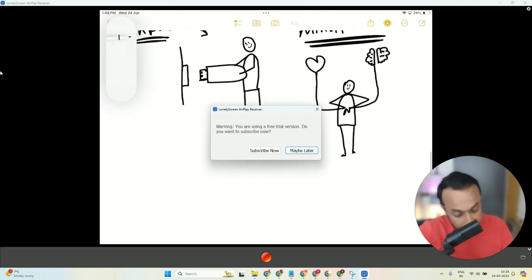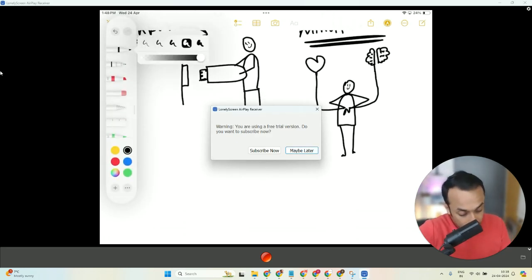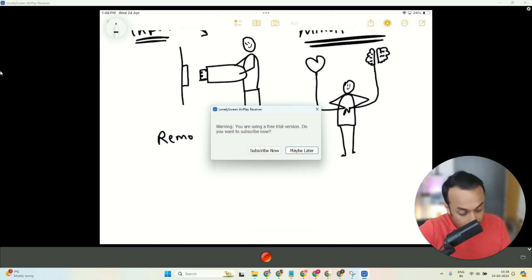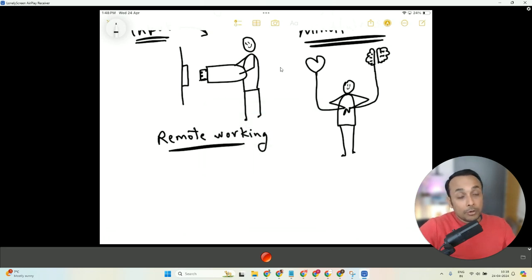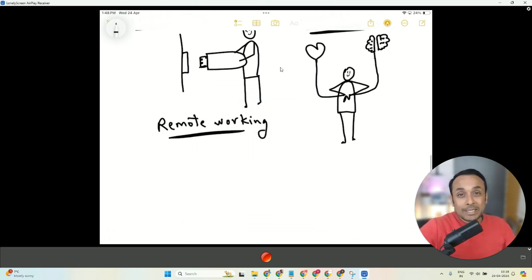How about drawing something which is very popular, which is remote working? Remote working. What happens in remote working? Your files transfer from office to home. Pretty simple, right? So I'll be drawing a home.